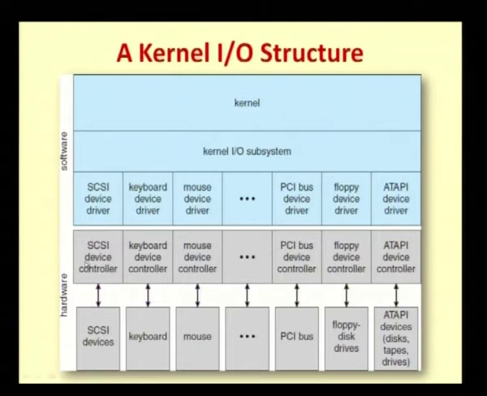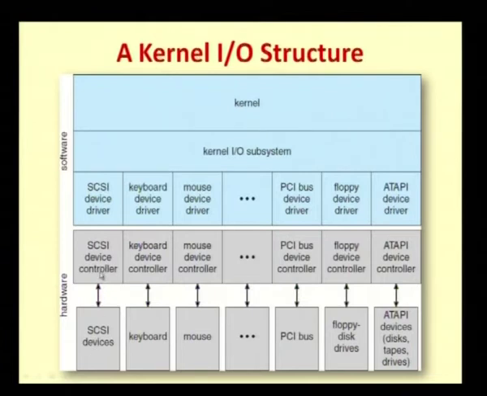Now in the hardware part, we have a SCSI device controller, keyboard device controller, mouse device controller, PCI bus device controller, floppy device controller, and ATAPI device controller. So this communicates from the software. The SCSI driver communicates to the SCSI device controller, and this device controller in turn communicates to the hardware input output devices.